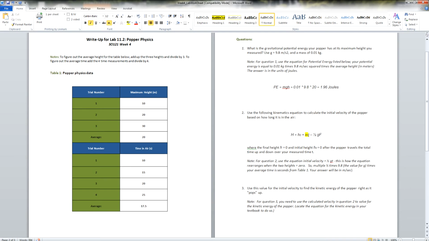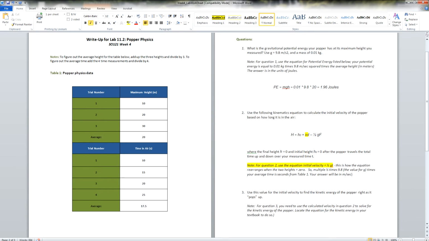So here it is giving a note for question 2. Use the equation half times g t. So this is the equation you're supposed to be using. It's already been given there. So just to calculate this, all you need to do is to say the initial velocity, which is V0.